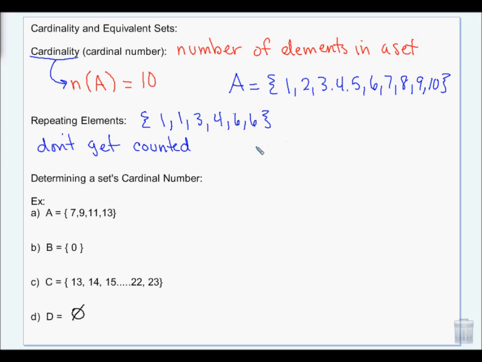So the cardinality, if this was set B, the cardinality of set B is going to be 4. Even though it looks like it has 6 things in it, a 1 is a 1, right? So I don't count it twice. They don't get counted more than once.